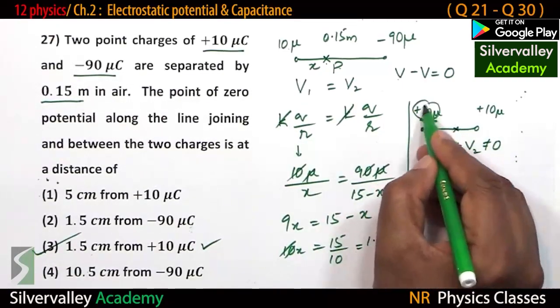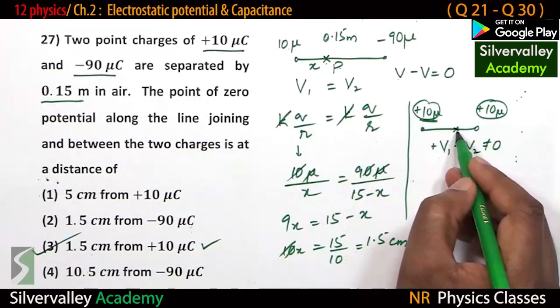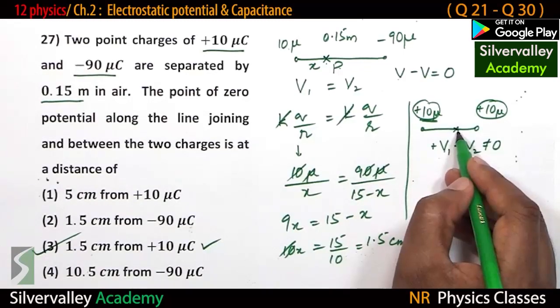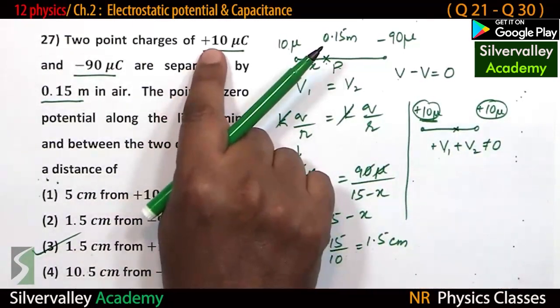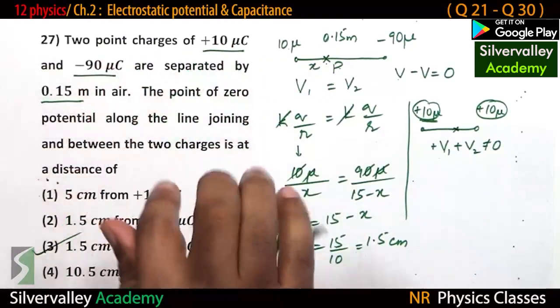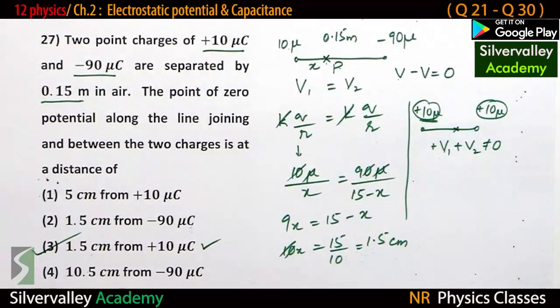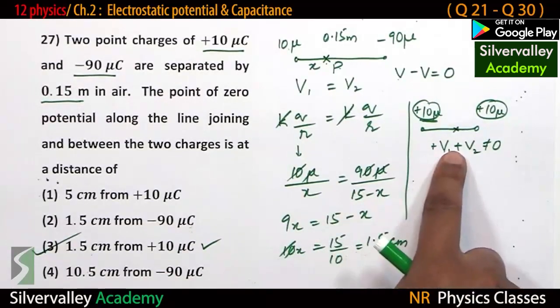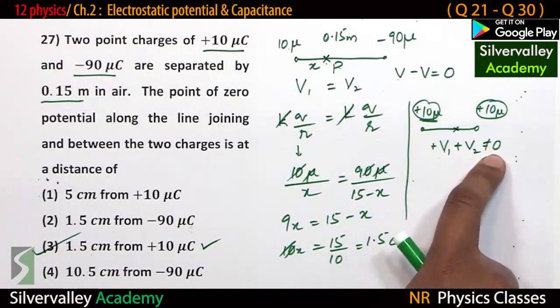So for like charges we won't get any point with zero potential. So if these two are like charges, plus and plus or minus and minus, then we have to go to that option where it is mentioned that potential cannot be 0. Okay.